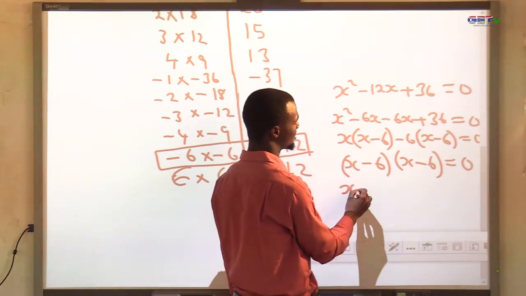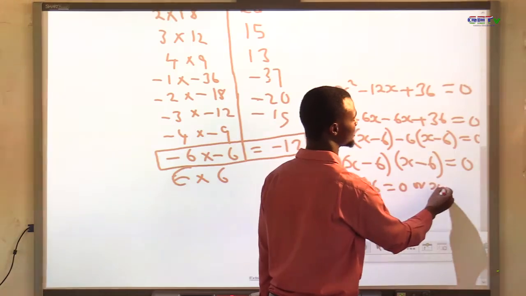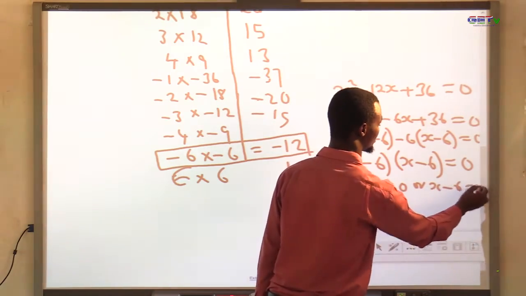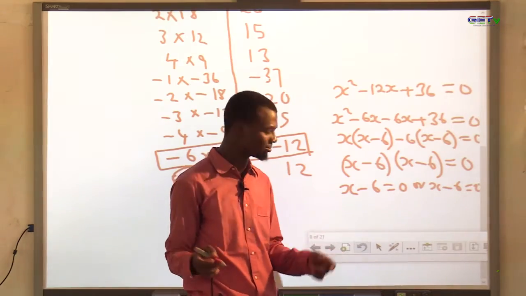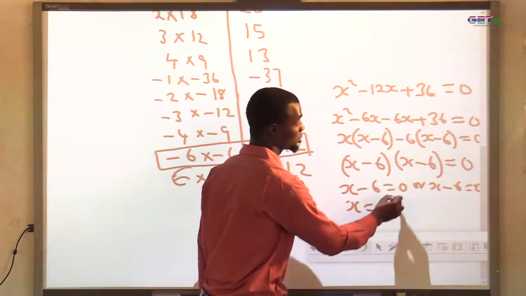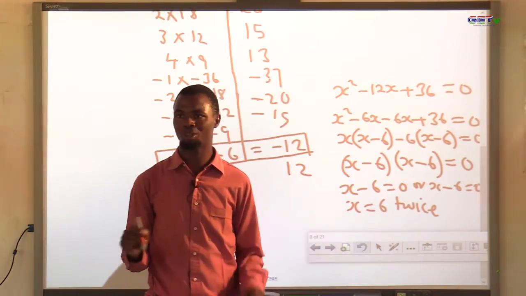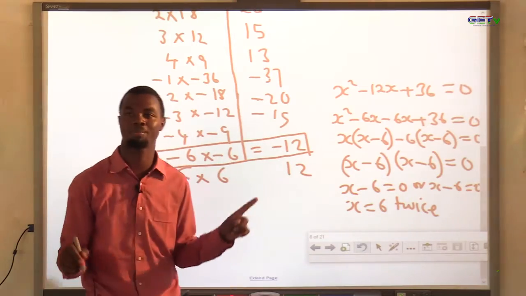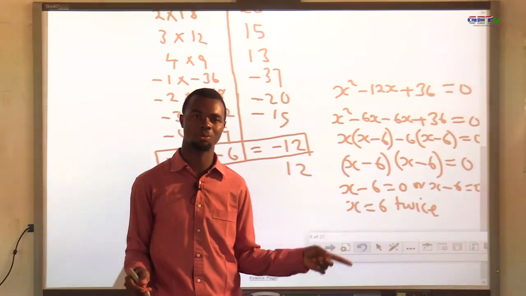So you will have x minus 6 equals 0, or x minus 6 equals 0. Just take one of them and put it there, it is twice of it. So you will have x equals 6 twice. Why is this? Because the expression is a perfect square. That is why you will have x equals 6 twice.